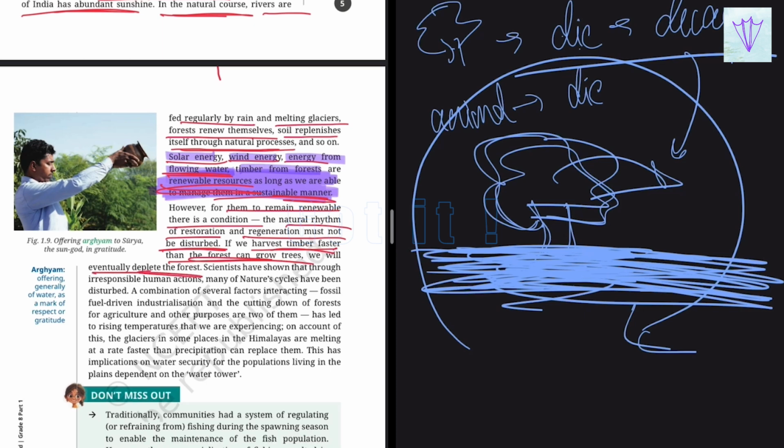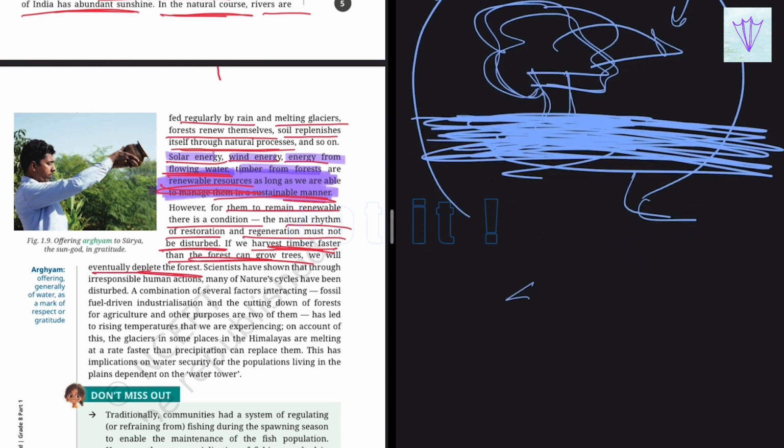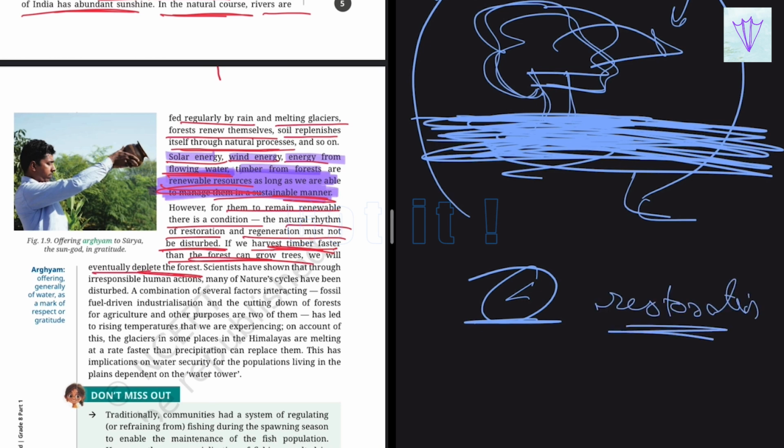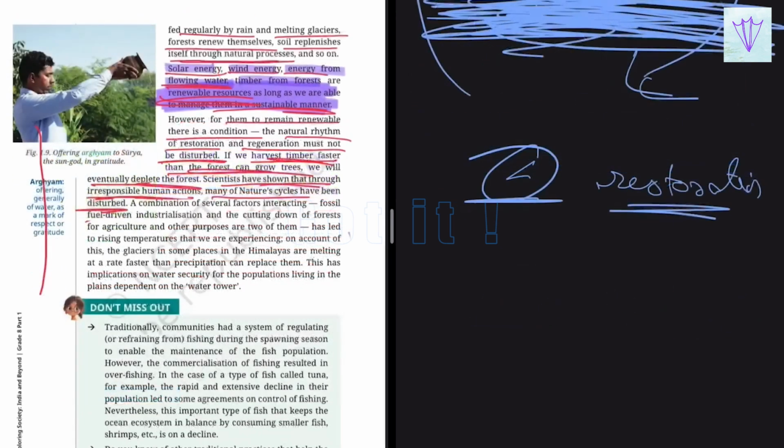So whatever you're cutting down should be less than or equal to the restoration rate. If you're using it up more than the restoration rate, then it will become imbalanced, and that will deplete the forest.